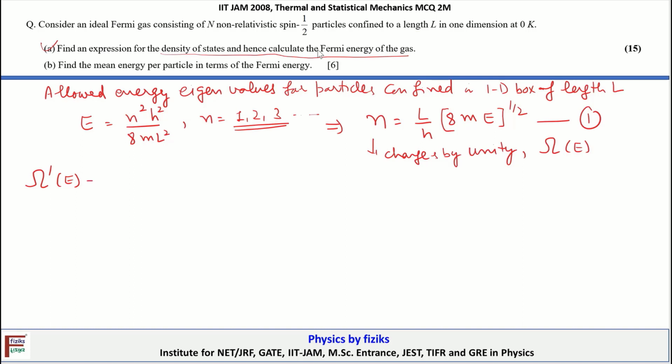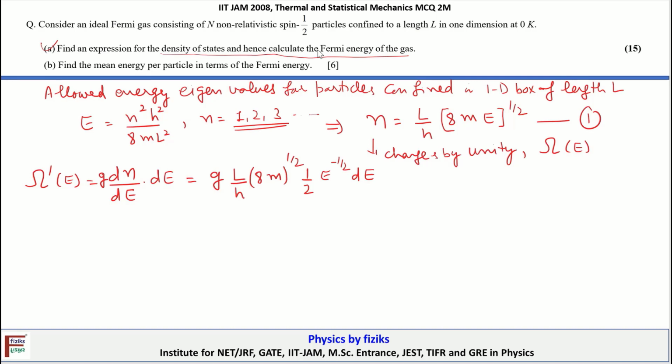So omega dash E is equal to dN by dE multiplied by dE. If you consider the degeneracy also, then we need to multiply by the degeneracy factor. So this is equal to G dN by dE, that means G multiplied by L by h and then 8m power 1 by 2, and then the differential of E power 1 by 2 with respect to E, so 1 by 2 E power minus 1 by 2 dE.